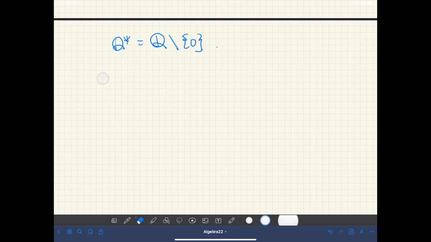And let's say H is a subset of Q star, the set of squares of elements. So u is an element of Q star, and u squared is the form of the elements of H. Then this H is a subgroup of Q star.